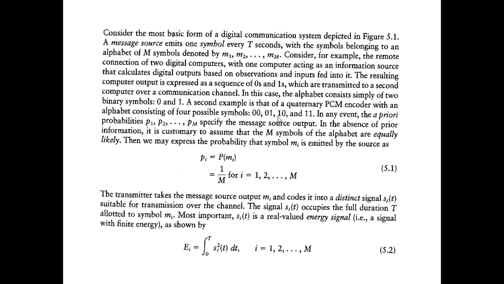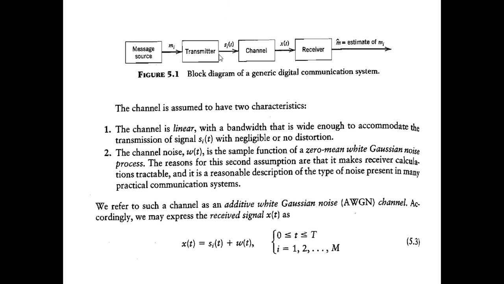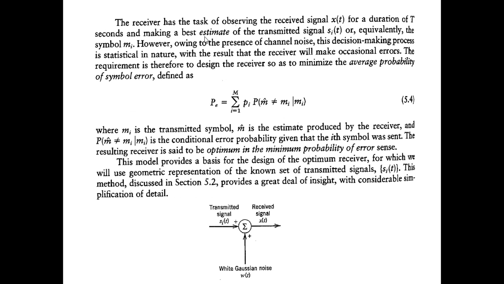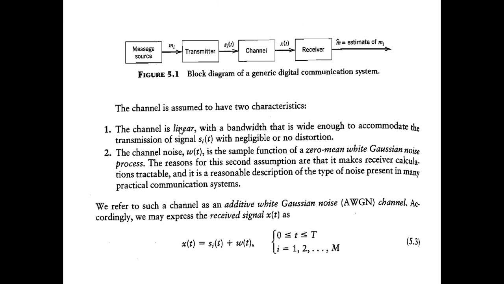In passband digital transmission, we use some types of modulation, done by using a sinusoidal carrier, so the signal is converted to si(t). Here we use the geometrical representation.